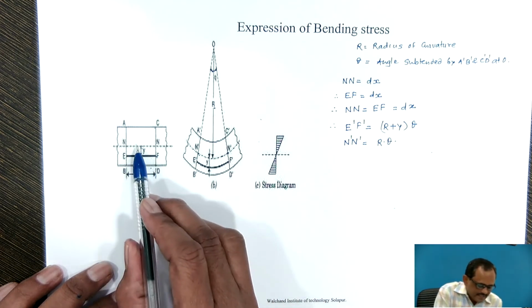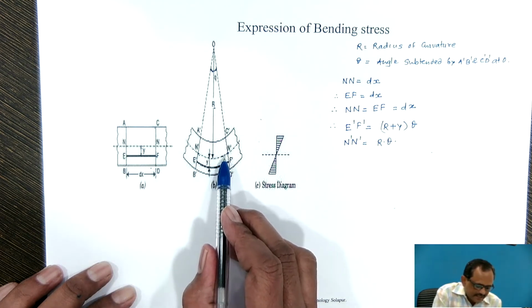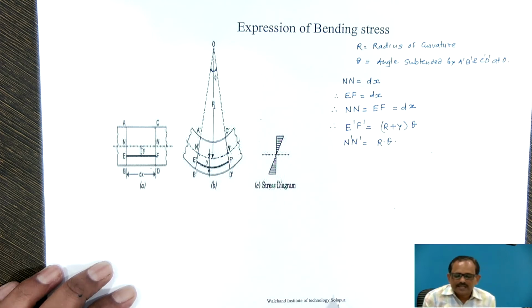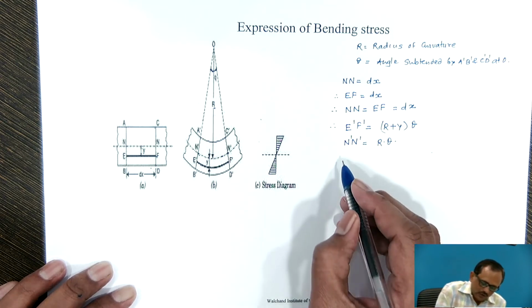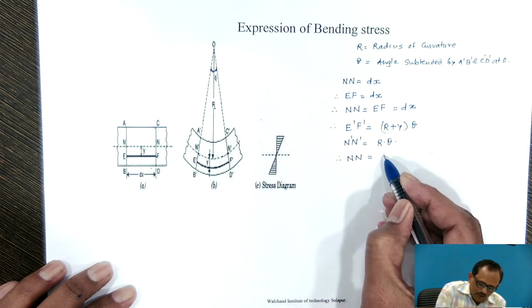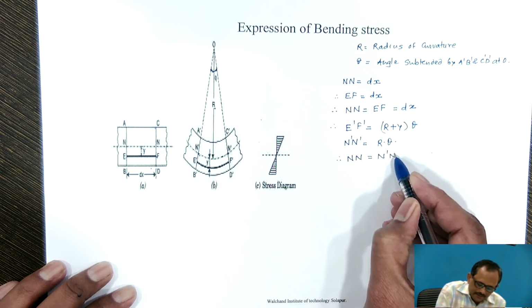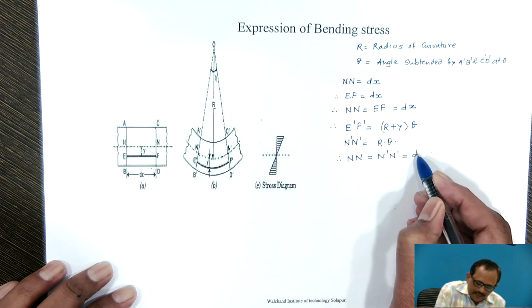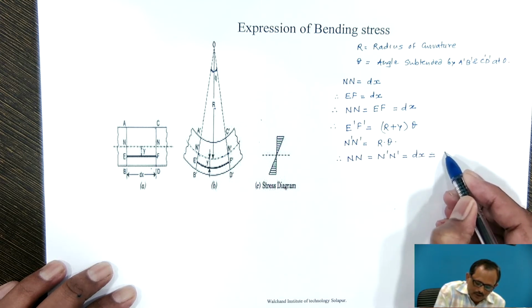But this layer is the neutral layer, which neither increases nor decreases in length, and therefore the length NN is equal to N'N', which is dx, and that is equal to R into theta.